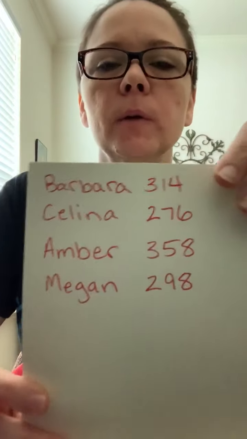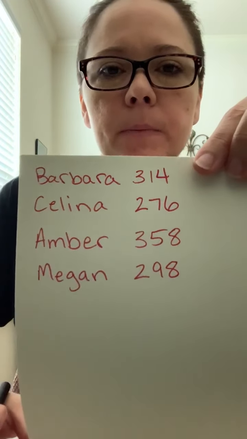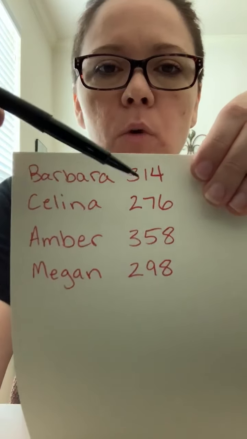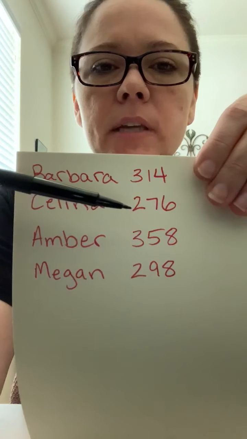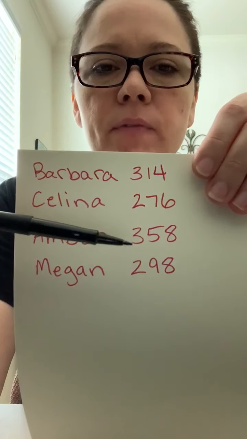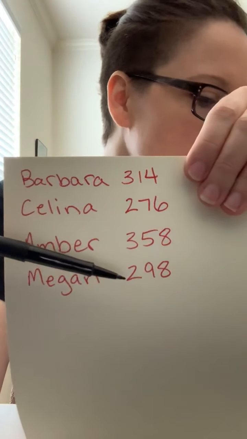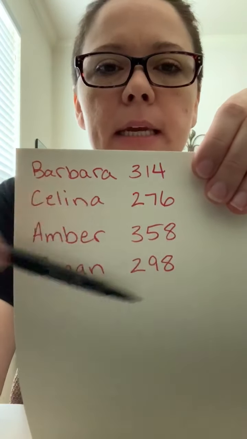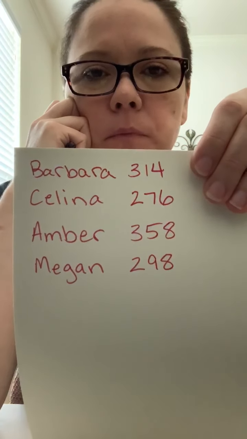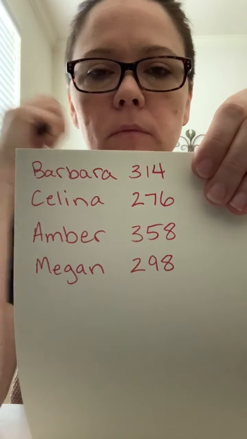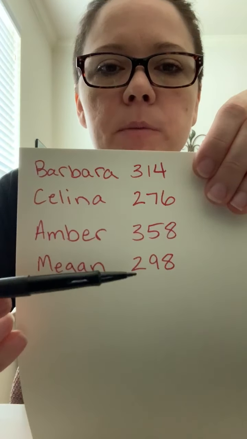Okay, so if we're looking at our list, who has the most pennies? Well, let's look at the numbers. 314, 276, 358, or 298. Which one of these is the biggest number? Okay, so we know that 300 is more than 200.